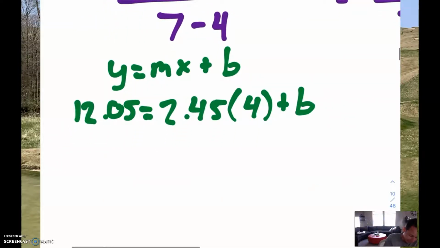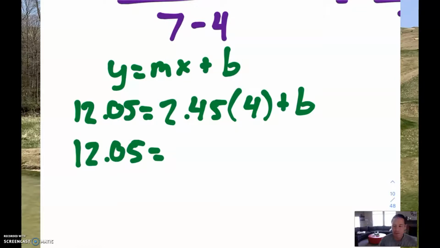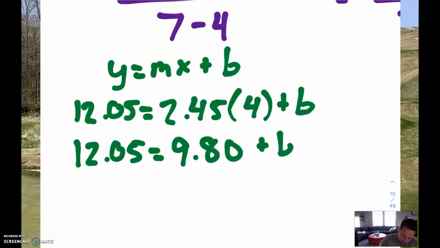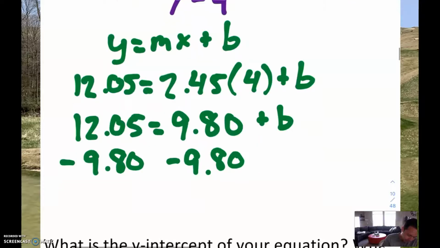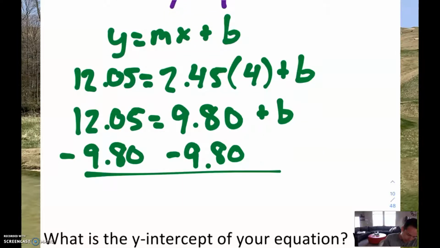Now we're going to simplify it. We have 12.05 equals, we can take 2.45 and multiply it by 4, and I think we get 9.80. Your calculator might tell you 9.8, but since we're dealing with money, I'm going to put the 0 there. It represents 80 cents. And to solve for b, we're going to get rid of this 9.80 by subtracting it. If you do that, we get a b value of 2.25.